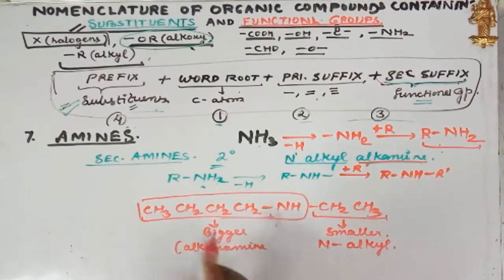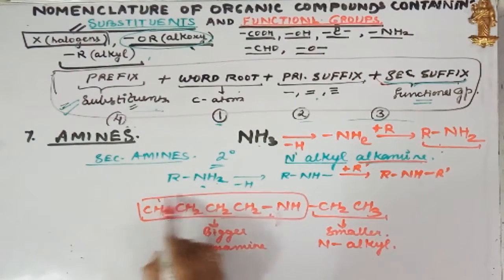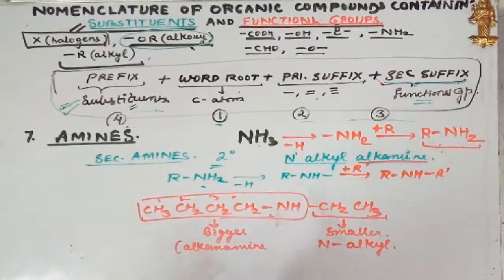So the name of this compound becomes: the bigger one has 1, 2, 3, 4 carbon atoms, so it becomes but-. Because it has no double bond or triple bond, it becomes butane, and because it is an amine, it is butanamine.